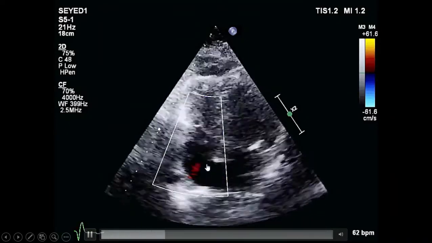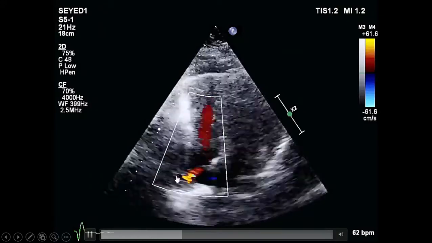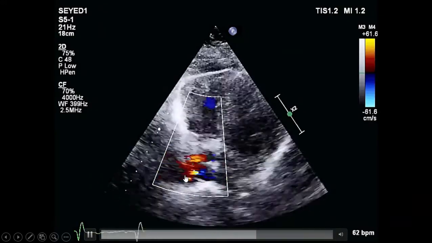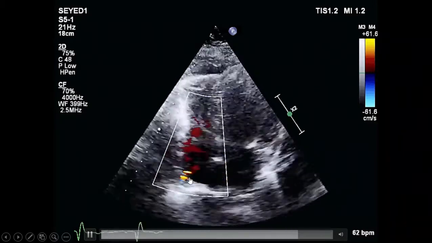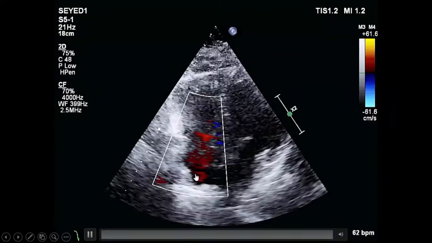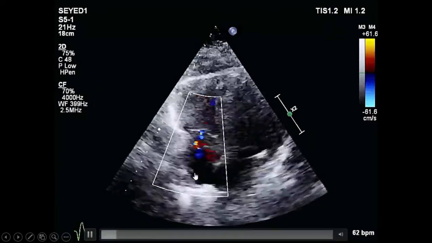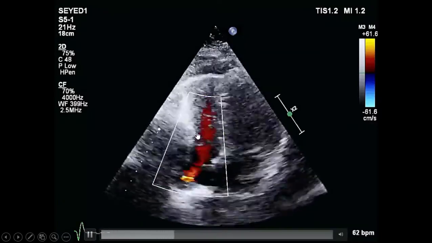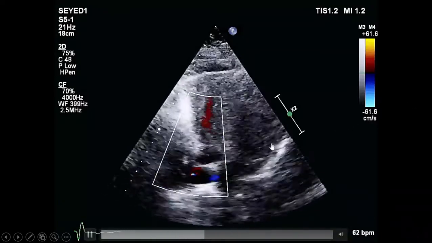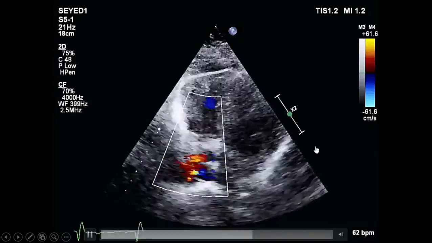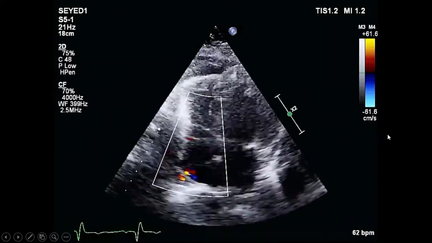That's why I put this image, because in a bubble test, when you inject agitated normal saline or macro bubbles into the right arm, the bubbles start here, and knowing this concept will be helpful in the interpretation of the bubble study that I am going to talk about in detail in the second part of the bubble study presentation.